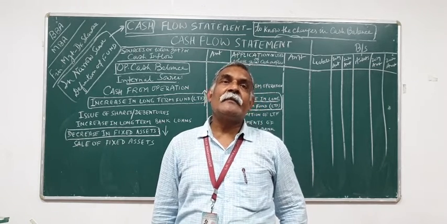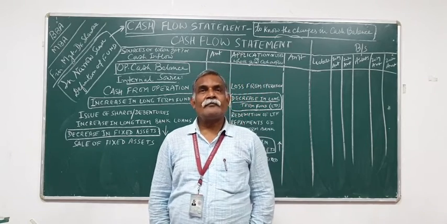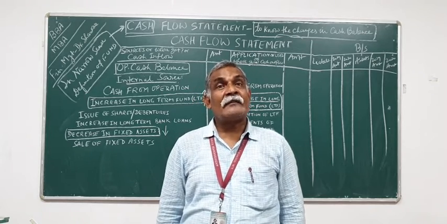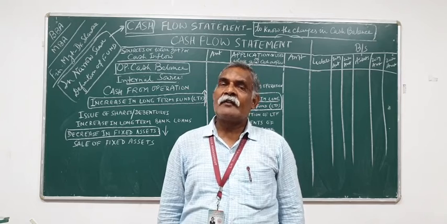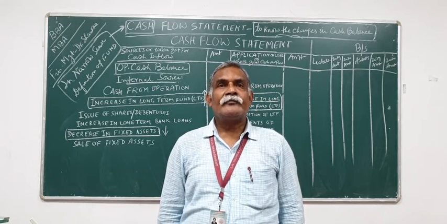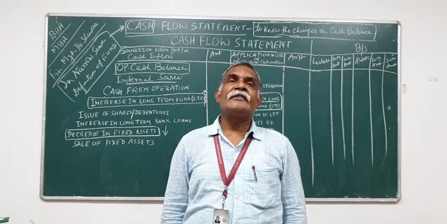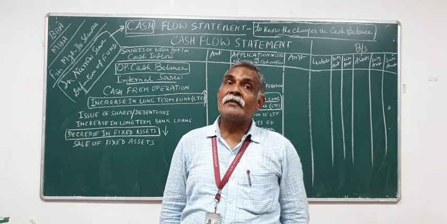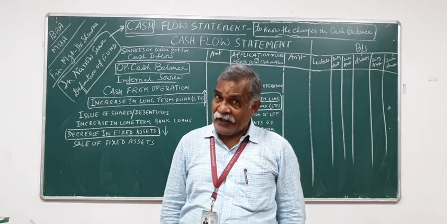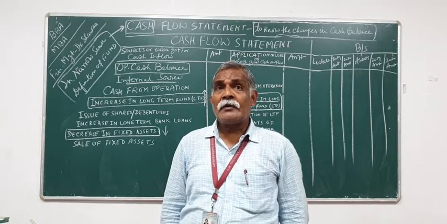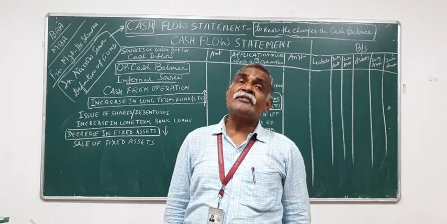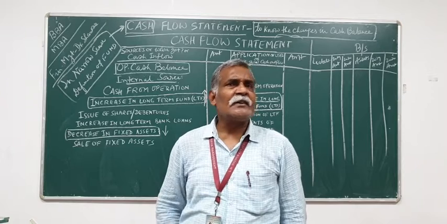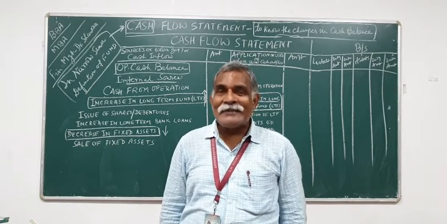To prepare cash from operation, first of all we prepare fund from operation, and thereafter we will incorporate all the items of schedule of changes in working capital, that is current assets and current liabilities, by which the cash will increase, that will add in fund from operation, or the elements due to which the cash will decrease, that I will deduct here in cash from operation. That already we have discussed. So now in this class we are not going to discuss again for this.